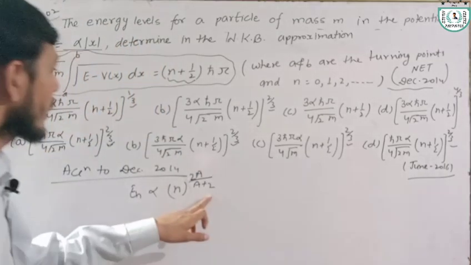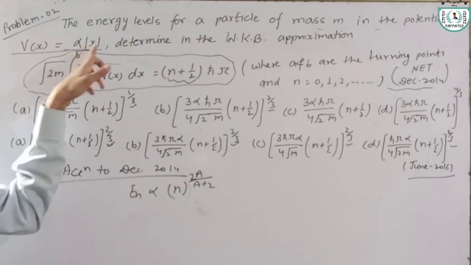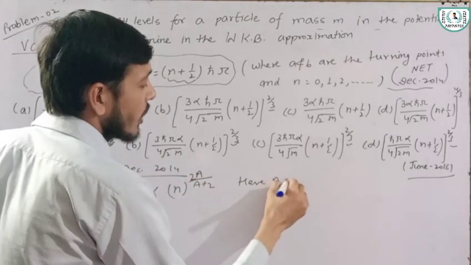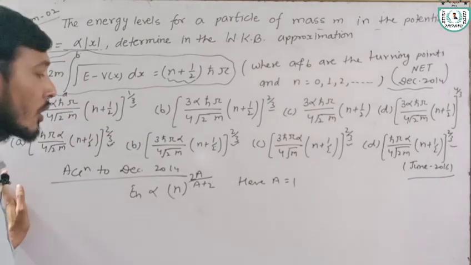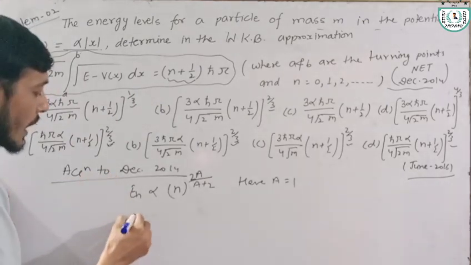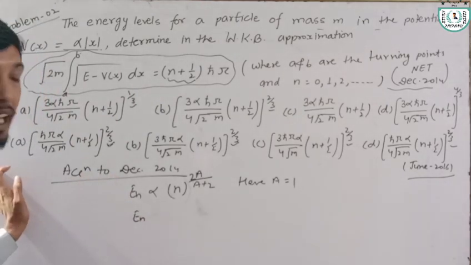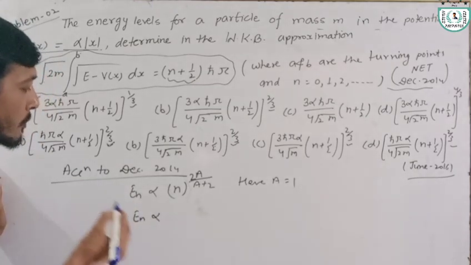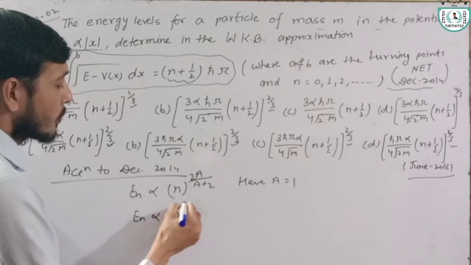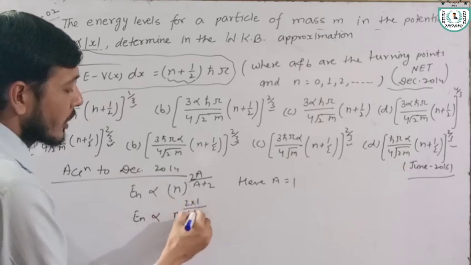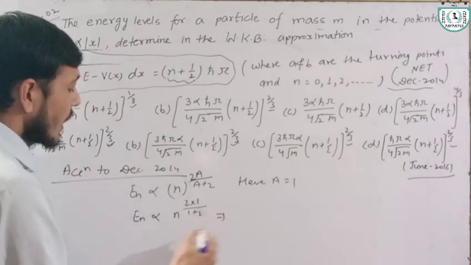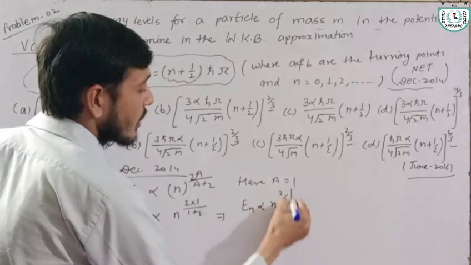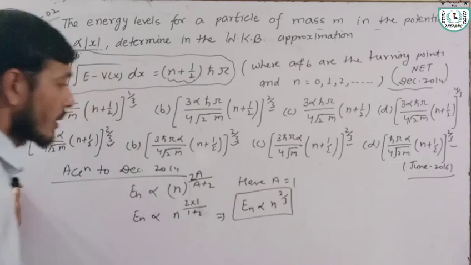Okay. Here the value of a is equal to 1. Now En is proportional to n raised to power 2 into 1 upon 1 plus 2. So we have En proportional to n raised to power 2 by 3.